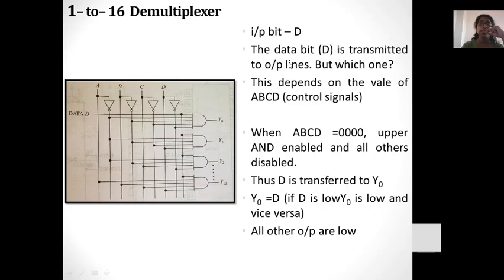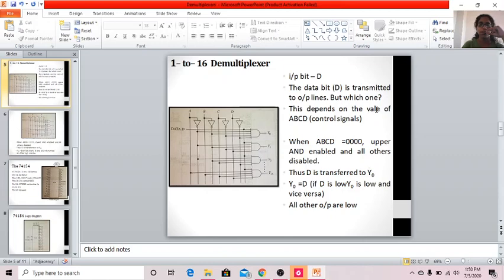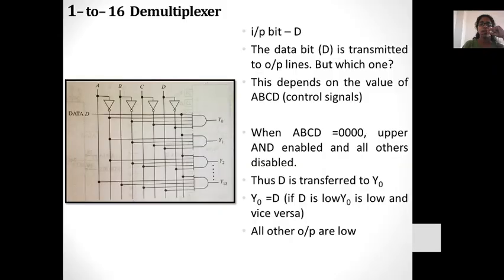That is, the data bit D is transmitted to output lines, but to which one? This depends on the value of ABCD, that is the control signals.